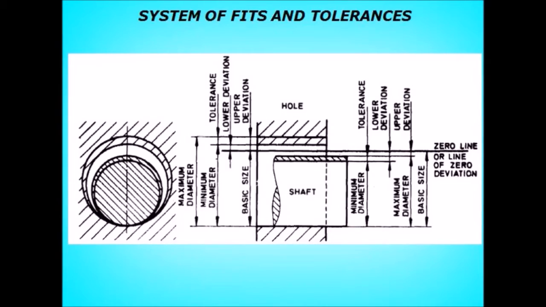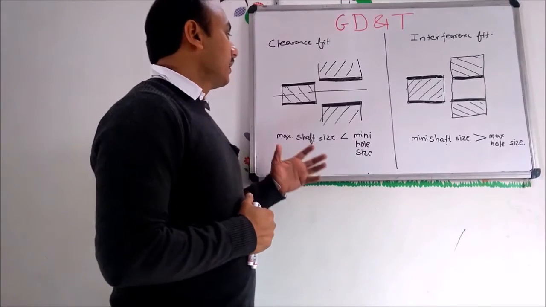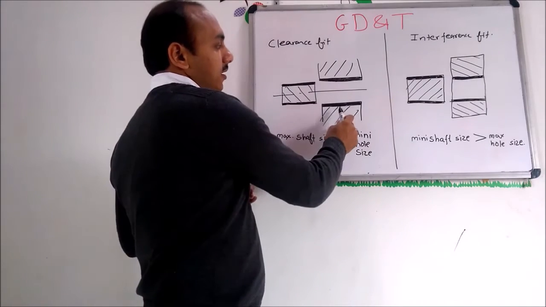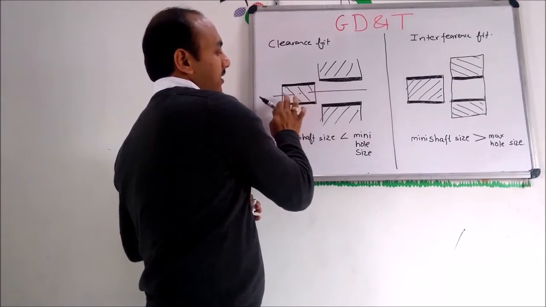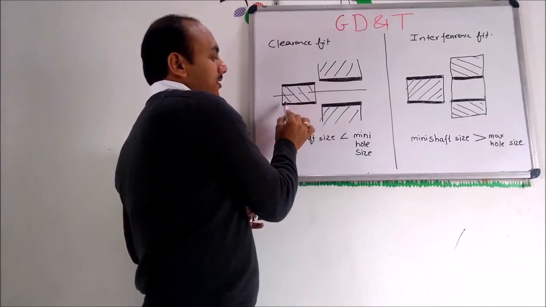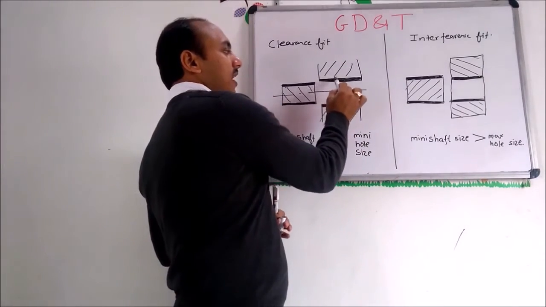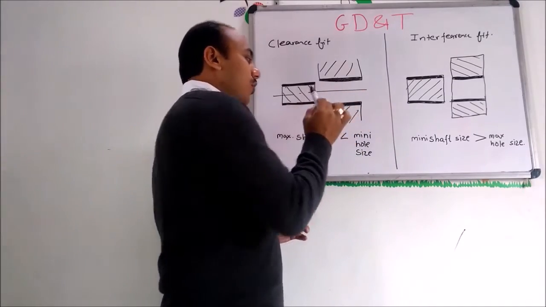Let's discuss various types of fits. In clearance fit, suppose this is the hole diameter and this is the shaft diameter. This zone represents the tolerance zone on the shaft and this zone represents the tolerance zone on the hole.